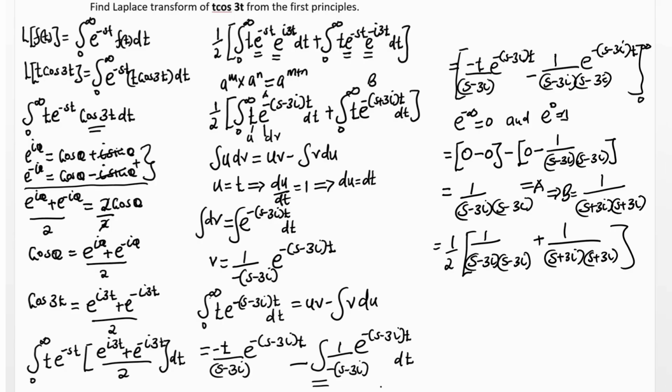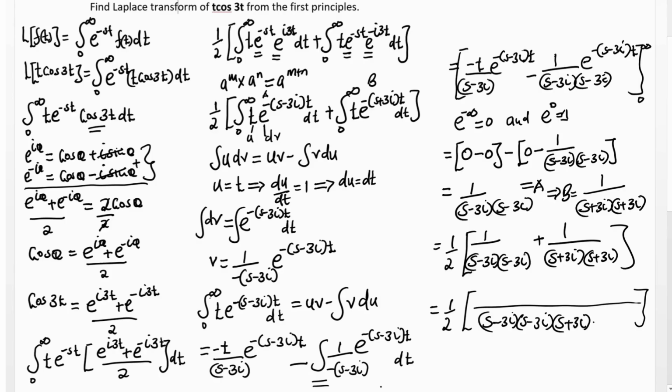So it's equivalent to a half into the LCM, s minus 3i into s minus 3i into s plus 3i into s plus 3i.